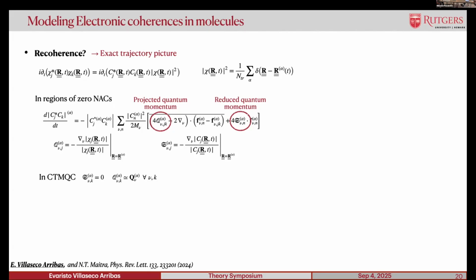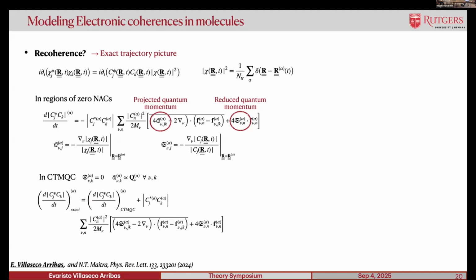At some point in the derivation, you say, well, the gradient of the electronic coefficients is just the gradient of the phase and not the magnitude. So you throw away that term because it tends to be really small. But by doing that, you're breaking the ability to capture recoherence, and you're breaking many more things, for example, conservation of fundamental physical properties like momentum.